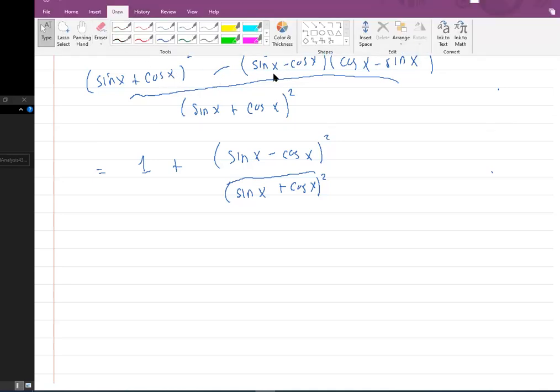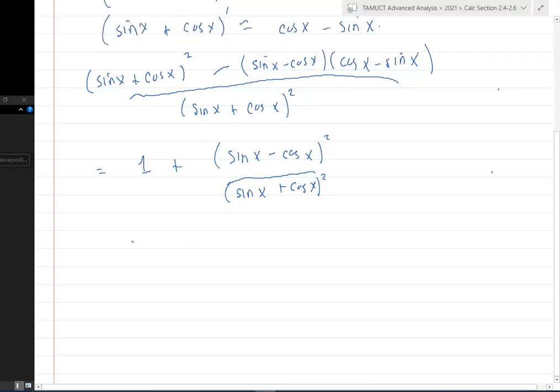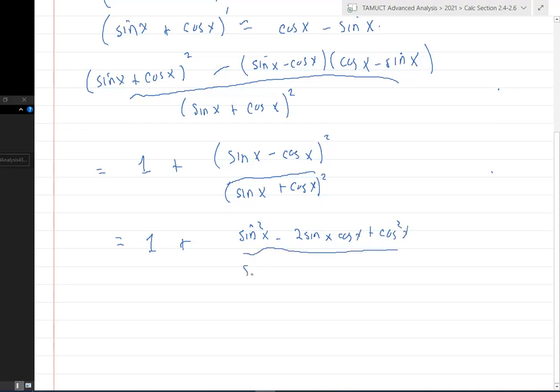I could have expanded these out and done some cancellation here, but I can go ahead and write this as 1 plus, then this becomes sine squared x minus 2 sine x cosine x, forgot the x here, and then plus cos squared x, and then this becomes over sine squared x plus 2 sine x cosine x, and then plus cosine squared x.